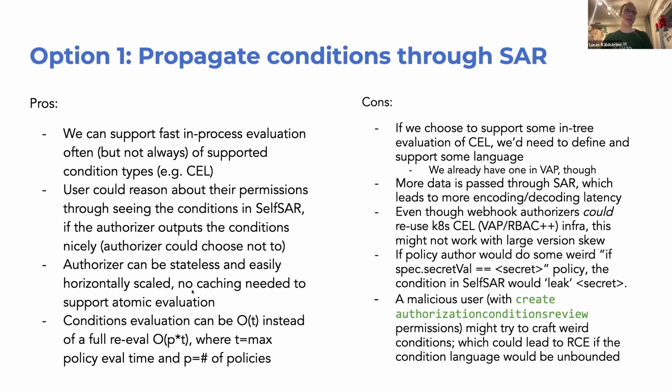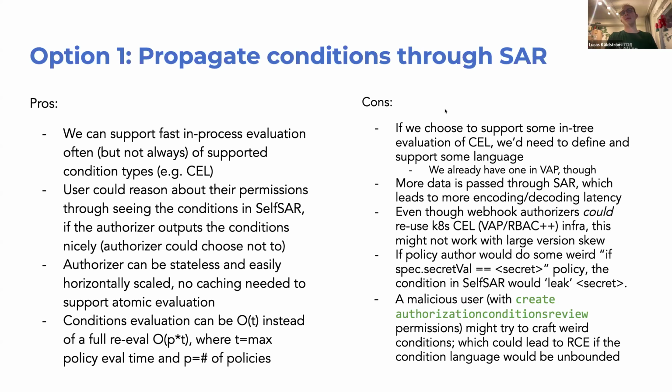And then finally, if you do the pre-computation or partial evaluation in the beginning, if you have P number of policies and each policy takes T time to evaluate, then the second time you get the call, you only have a few conditions to go through, and it just takes O(T) time instead of P times T the second time. So it might not be a lot. I'm not sure. It depends on the authorizer, of course, but that's something.